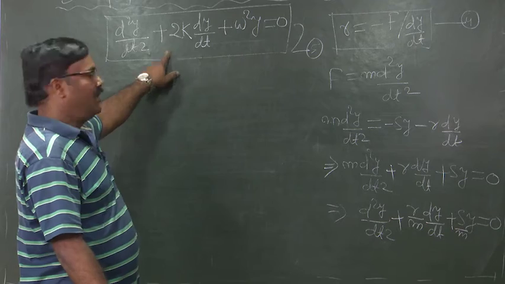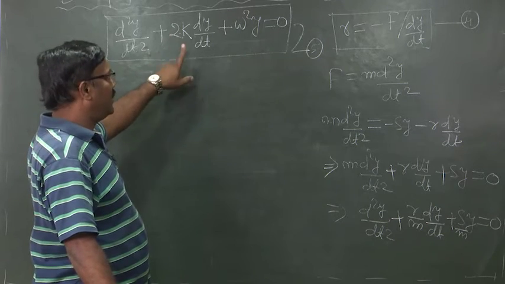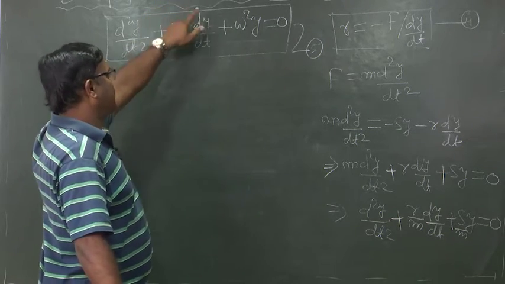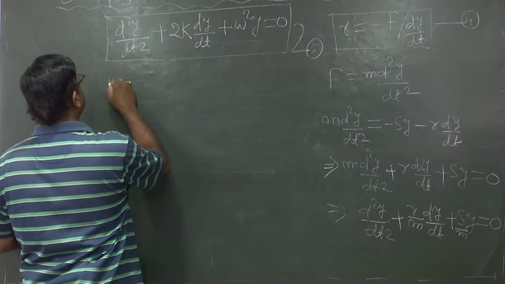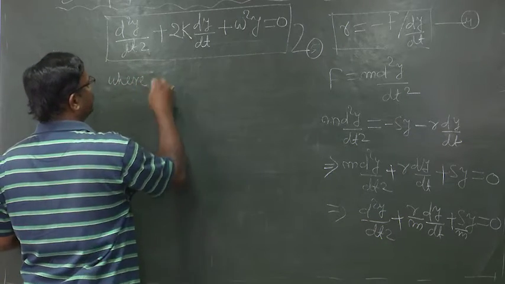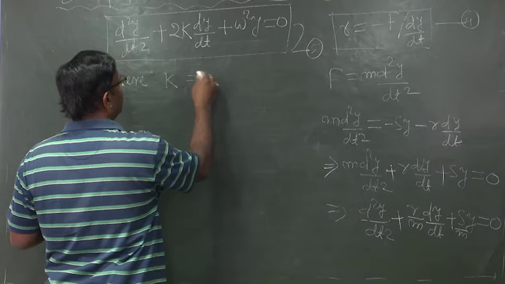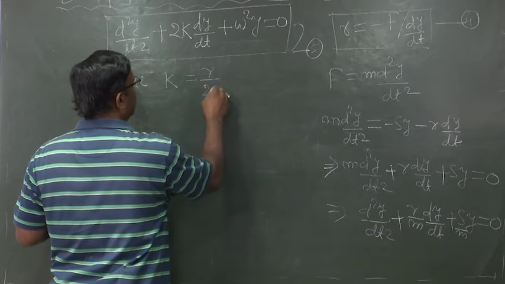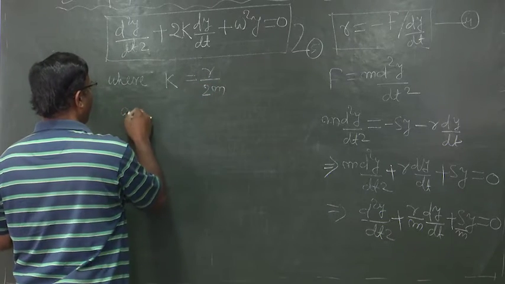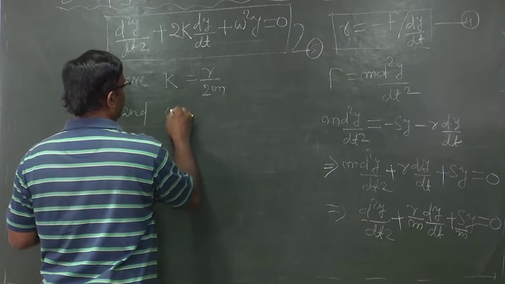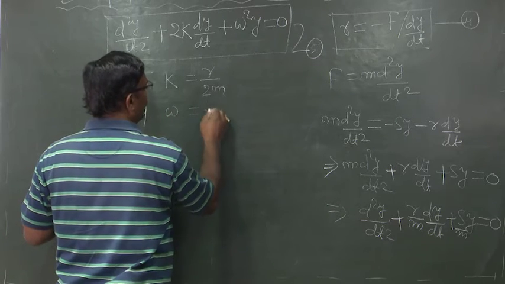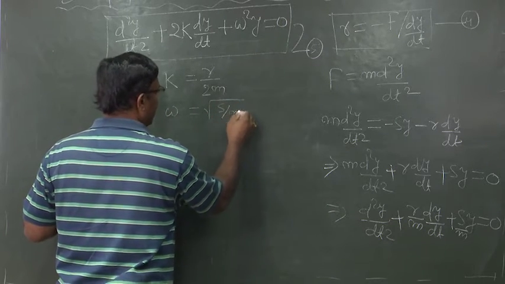This is the differential equation of damped vibrations, where k is equal to r by 2m and omega is equal to root over of s by m.